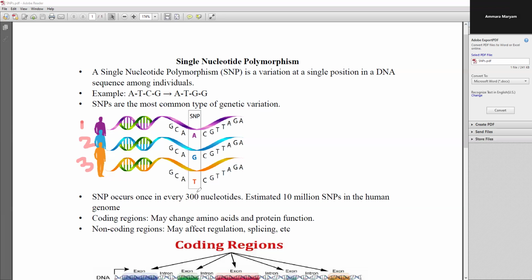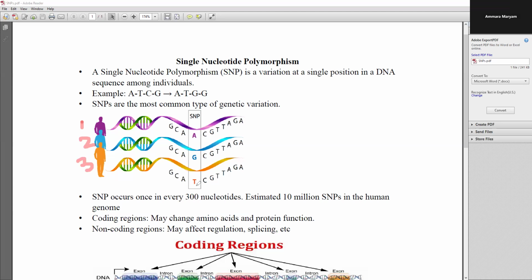If we see in individual 1, this individual carries A at this position, this individual carries G at this position, and the third individual is carrying the T nucleotide at the same position.